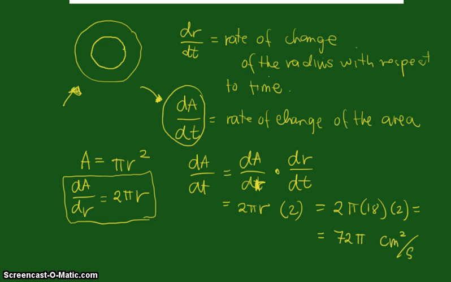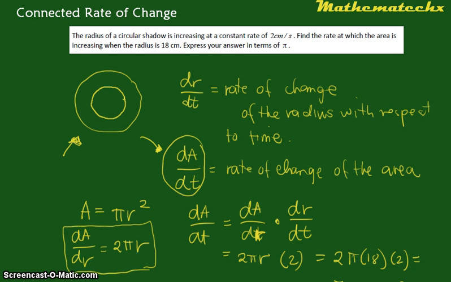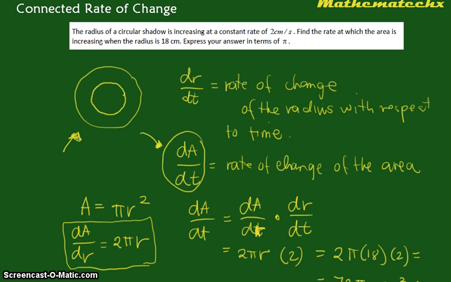Okay, let's recap what we have done here. This is an application of differentiation called the connected rate of change. The key idea is to identify what function should be used in this problem, and then identify the known rates and the rate that you want to find.